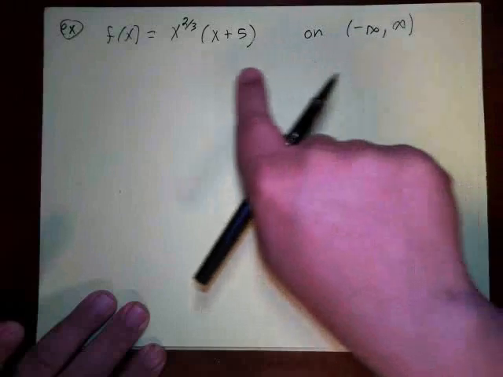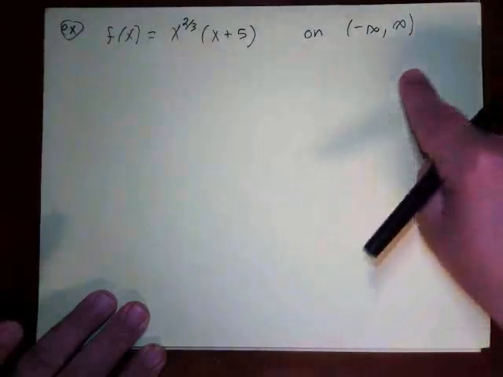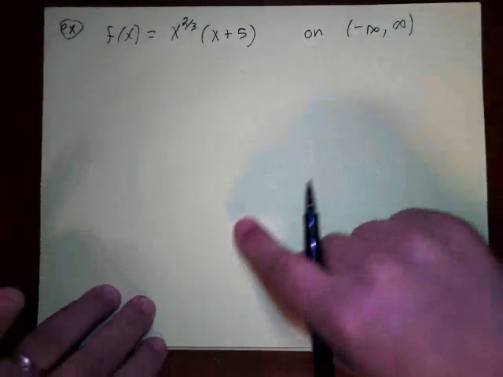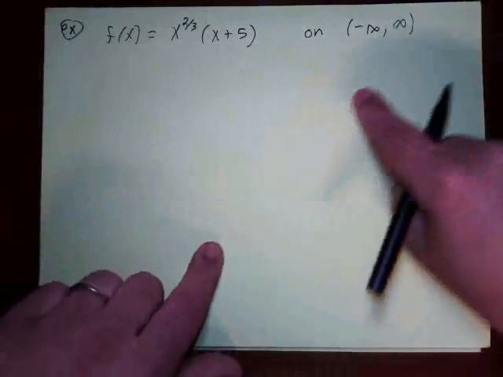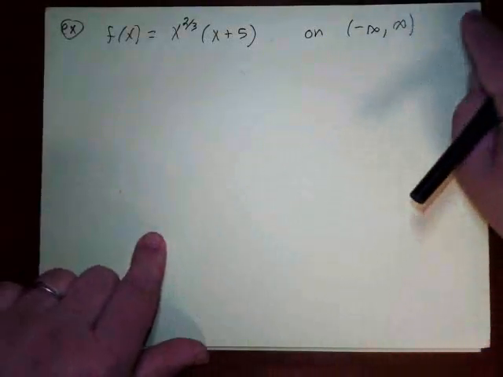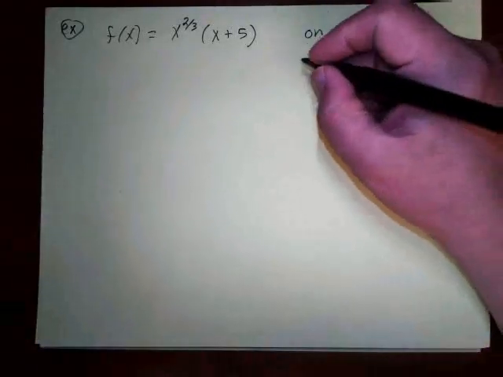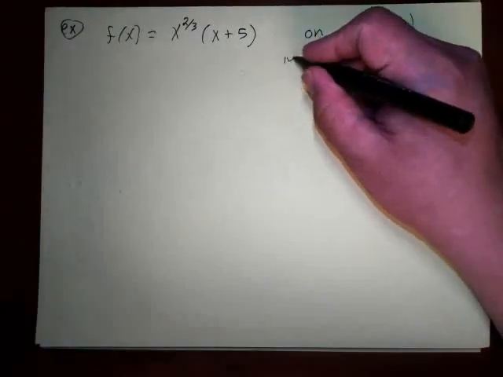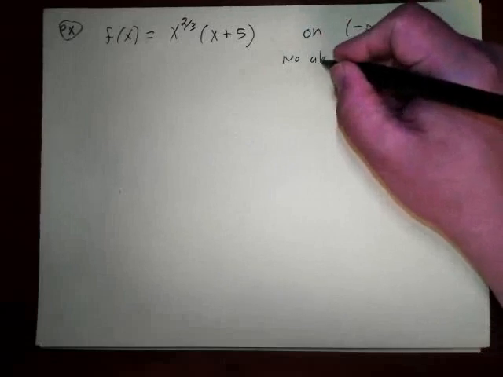As x goes to infinity, both of these will be positive, so it'll be going to positive infinity. So this thing is going to take on every value. It's going to go from negative infinity to positive infinity, and so there are no absolute min or max.